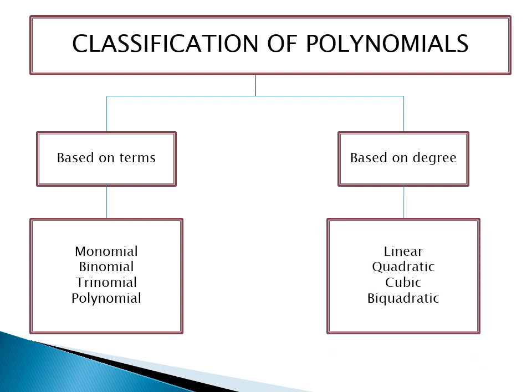Based on degree, we can classify the polynomials as linear polynomial, quadratic polynomial, cubic polynomial, biquadratic polynomial. One by one we can learn slowly, right? So the first one is classification of the polynomial based on terms. We will go first.